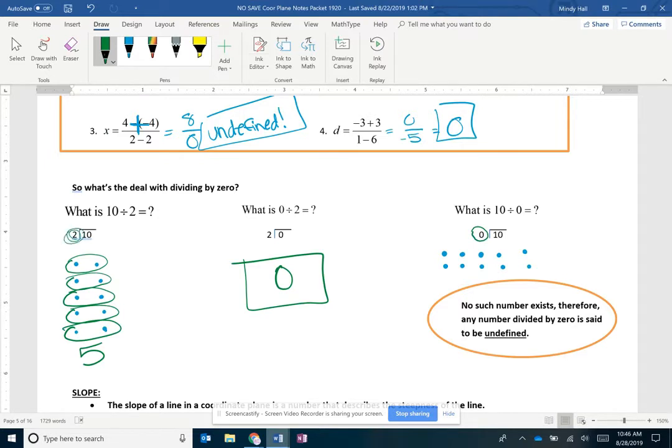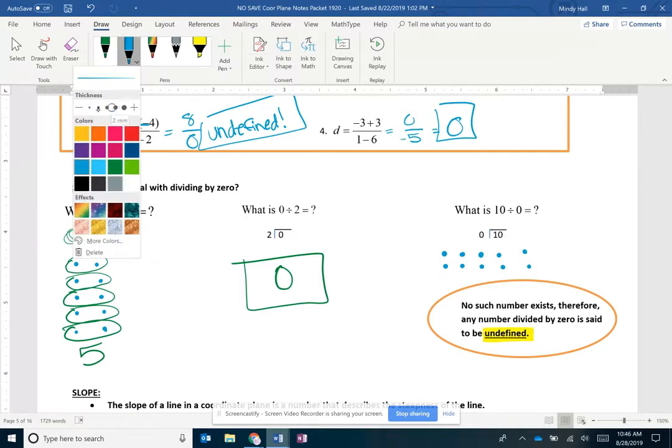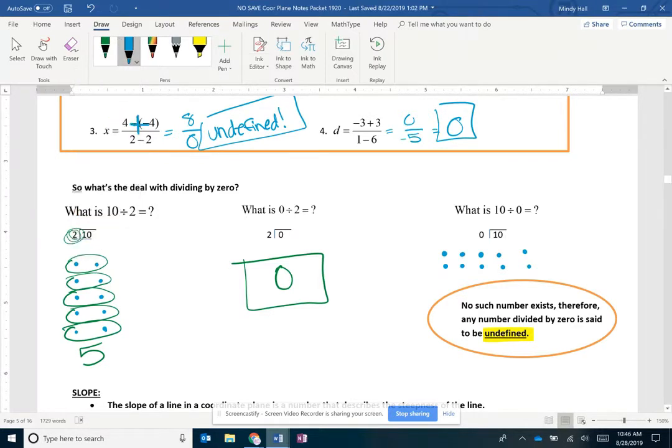Because I'm trying to make groups of 0, that just doesn't make any sense. We can't make groups of 0. So since no number exists, any number divided by 0 is said to be undefined, because there is not a number that helps us see what that relationship is. So anytime you see a 0 in the denominator, like 10 over 0, that is always undefined.